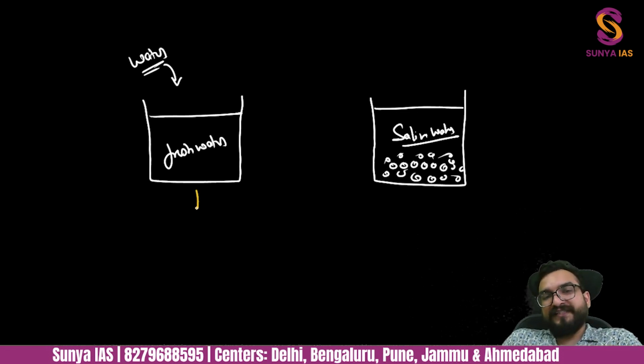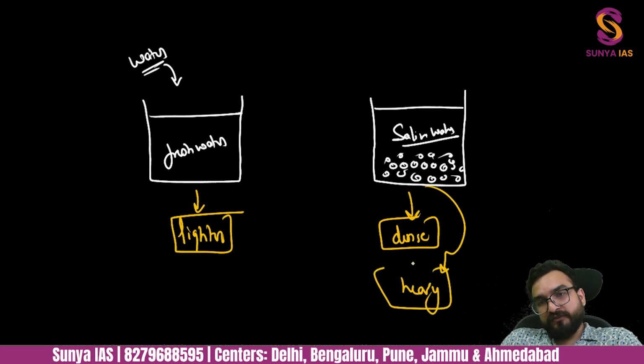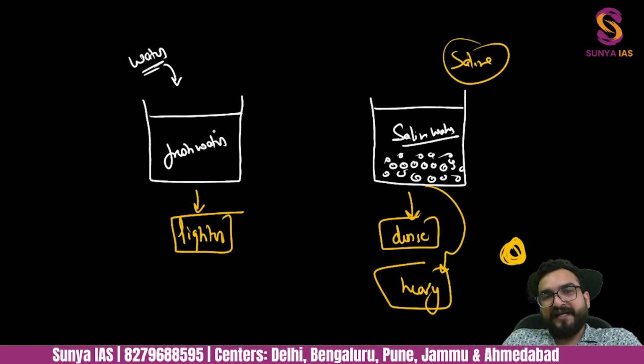Now, you will see that this fresh water will be comparatively lighter than the saline water, this will be dense. Dense means the number of molecules is more in this, and so this will be more heavy. Again, you will see that more saline water will be condensing, basically contracting, whereas the fresh water, less saline water, will have the nature of expanding.